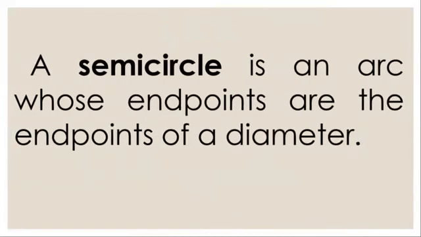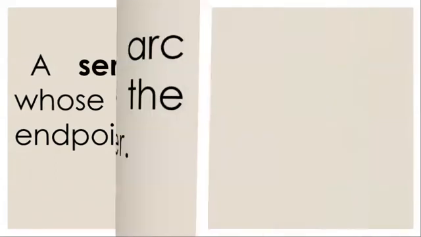When we say semicircle, by definition, it is an arc whose endpoints are the endpoints of a diameter. So what is a diameter again? It is a segment wherein its endpoints are points on the circle and it passes through our center point. So later we're going to illustrate the diameter and a semicircle as well.